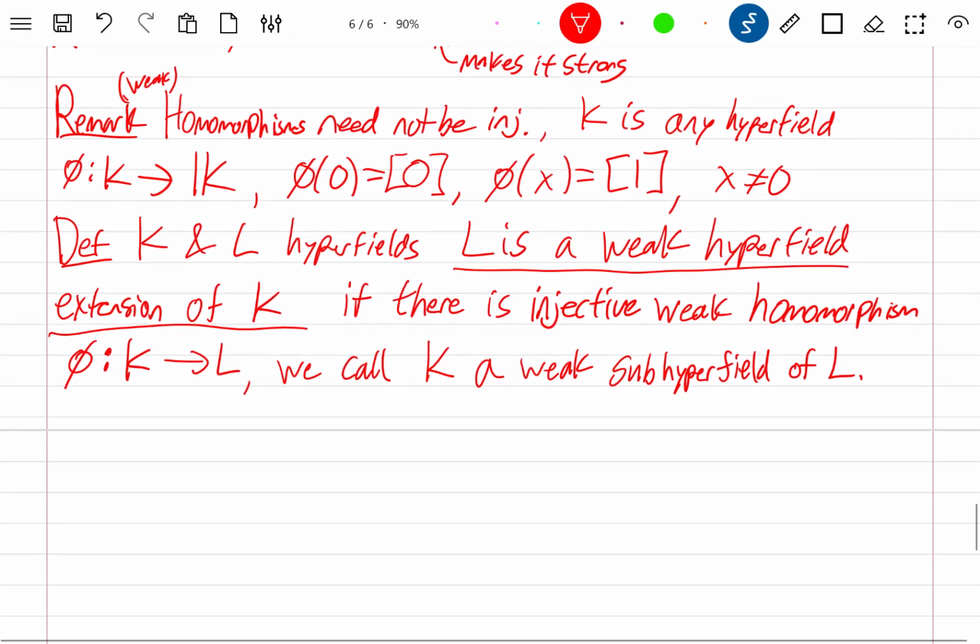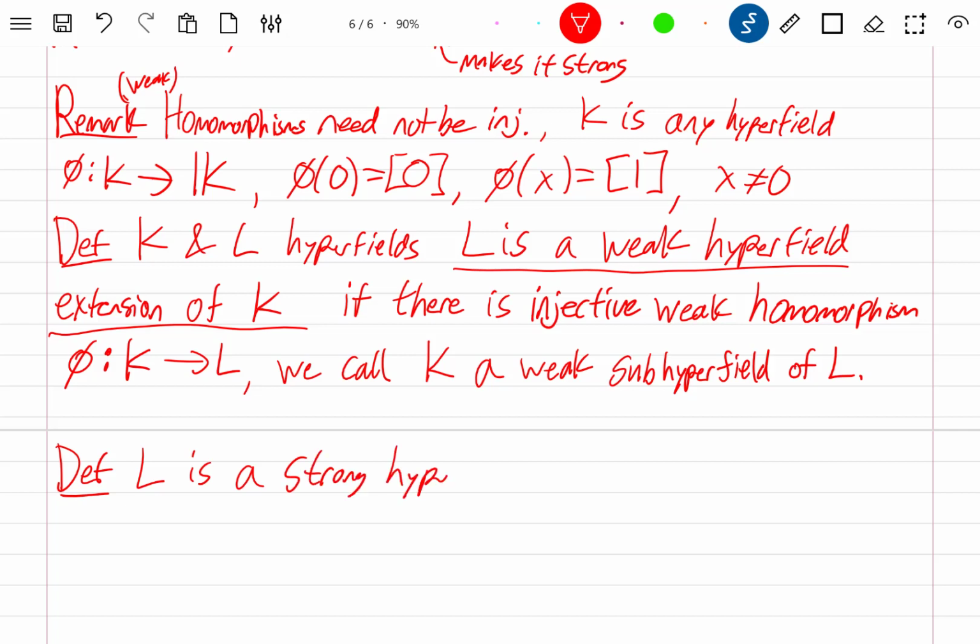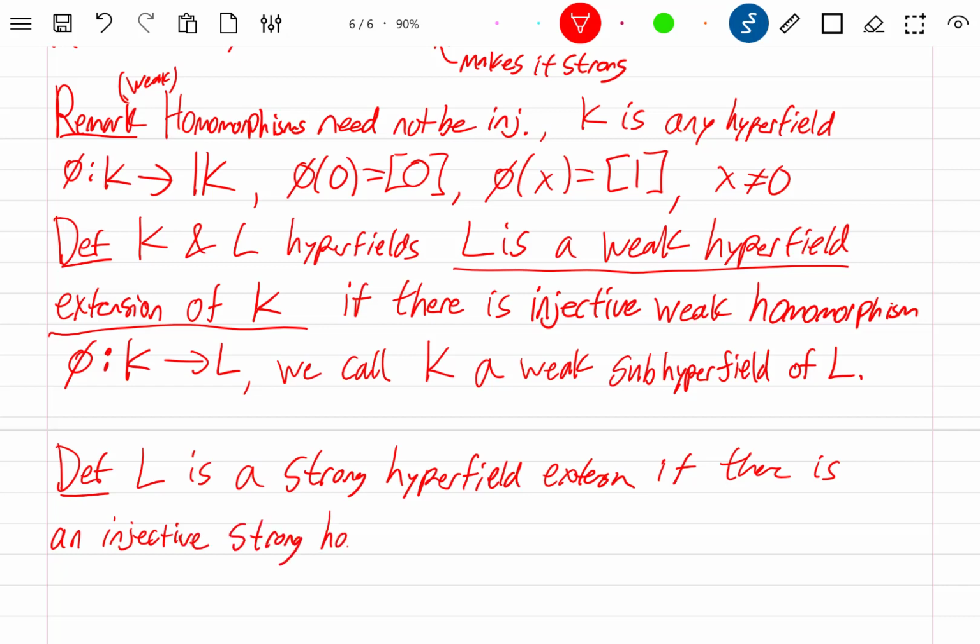And similarly, L is a strong hyperfield extension if there is an injective strong homomorphism phi from K to L, and we'll call K a strong subhyperfield.